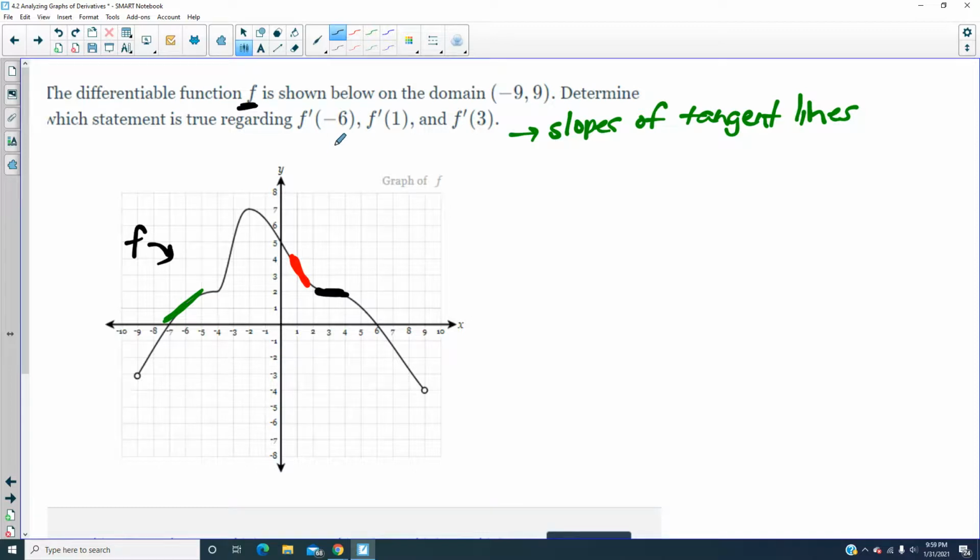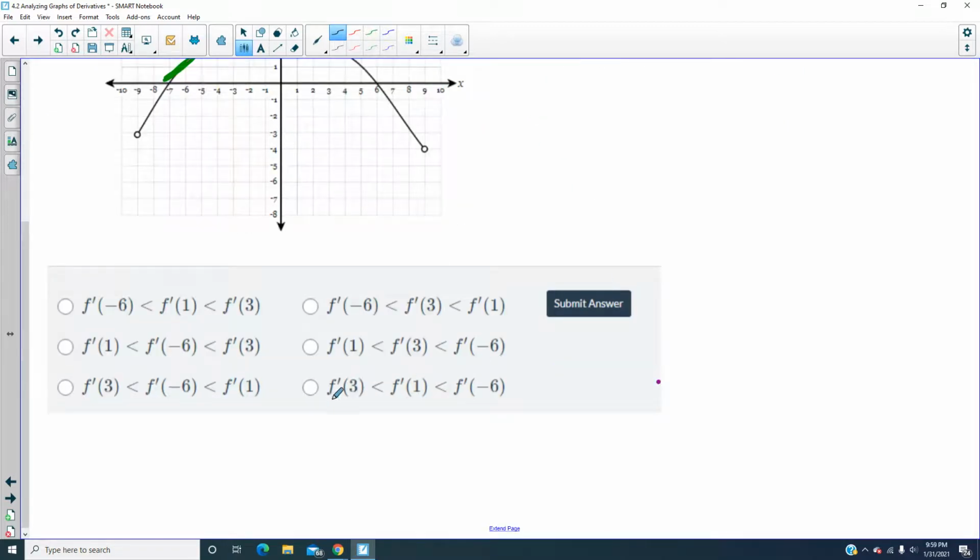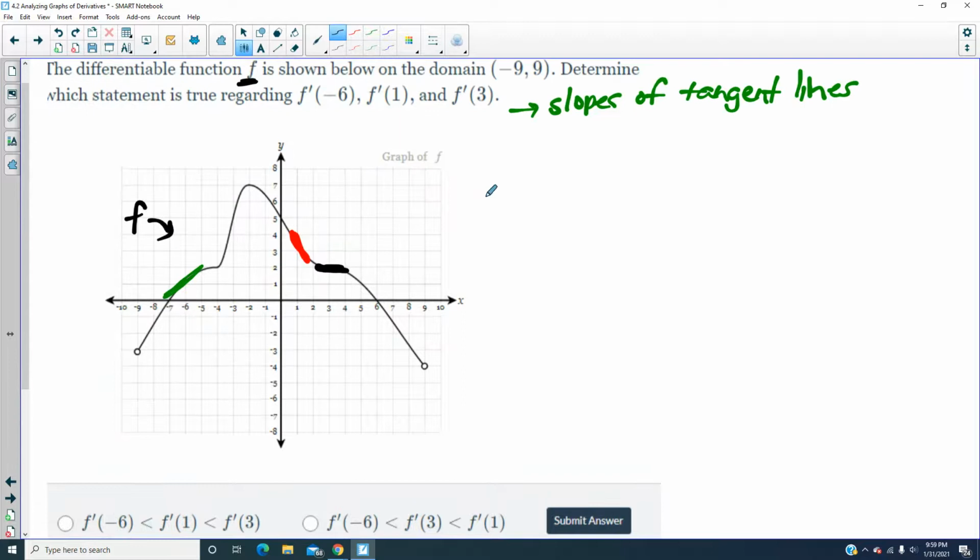It looks like they have us rank them smallest to largest. So if I rank mine smallest to largest, the smallest would be the one that's negative.